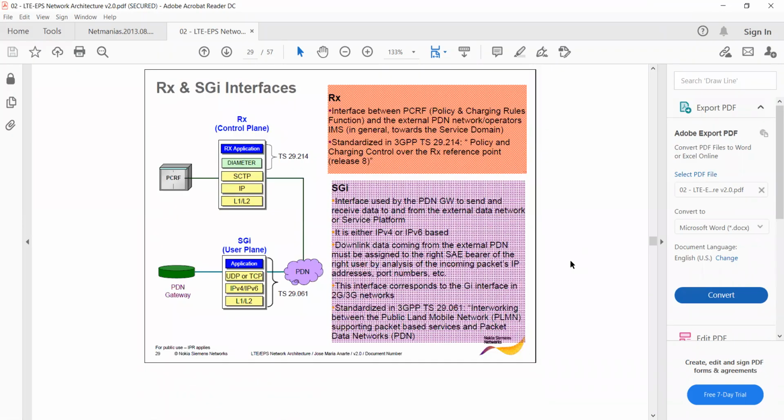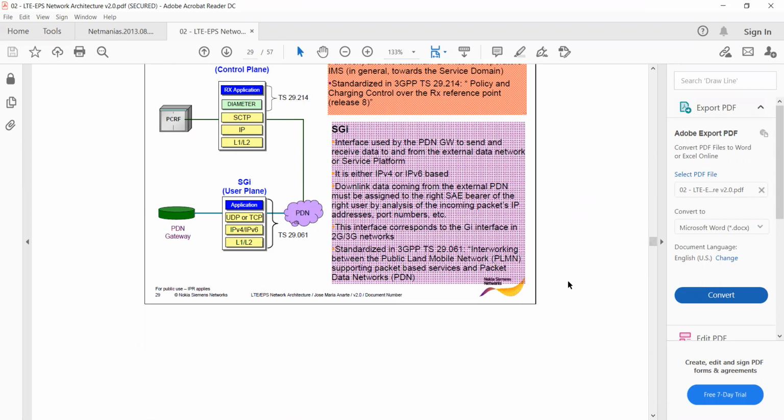Next thing is the Rx interface. The Rx interface is not required for you because it is completely related to core network testing. You can go through that architecture once again. If you may, you can mention it is an interface between the PDN gateway, the external data network, and the PCRF. So that's fine.